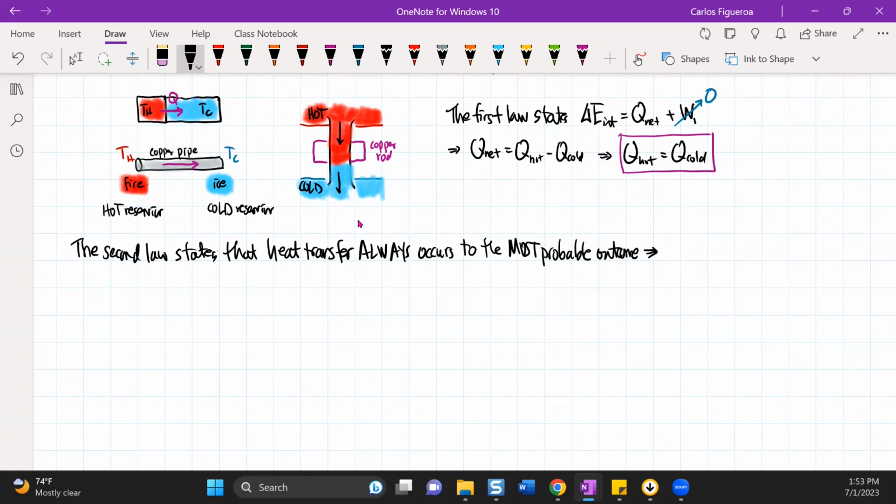And that's the one with the increasing change in internal energy.